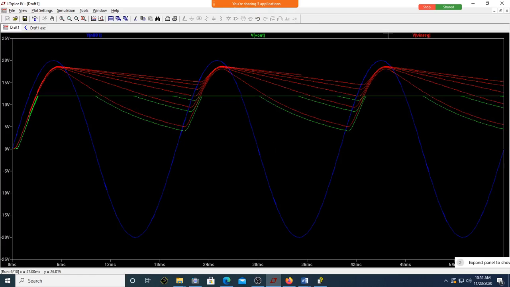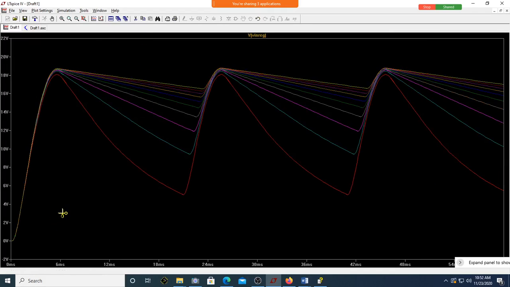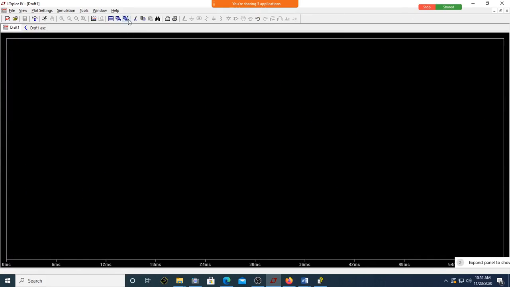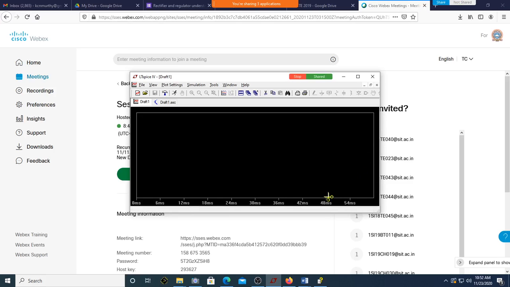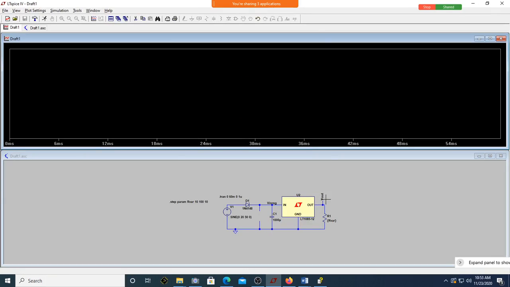Okay, what I'll do now is I will remove everything. If I remove this, I will remove this also. Let me just take only the output. Where is the output? Okay, let me just see the output here.